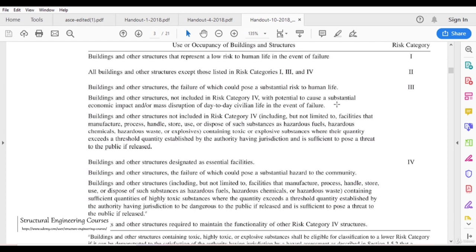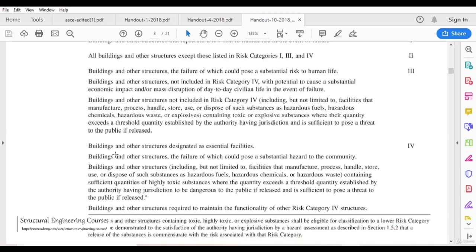For risk category 4, buildings and other structures designated as essential facilities, those which pose a substantial hazard to the community, and structures that contain, manufacture, handle or store hazardous fuels, hazardous chemicals or hazardous waste, or which contain toxic substances.